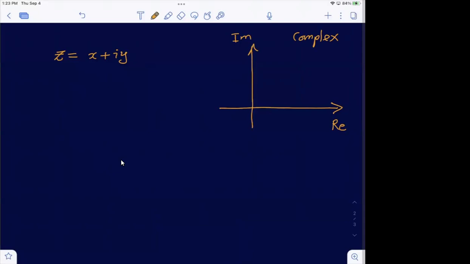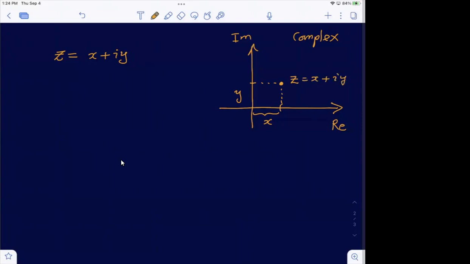So in other words, if you measure x units in this direction, and y units in this direction, the point that corresponds to the coordinates x and y is indicated by x plus iy.